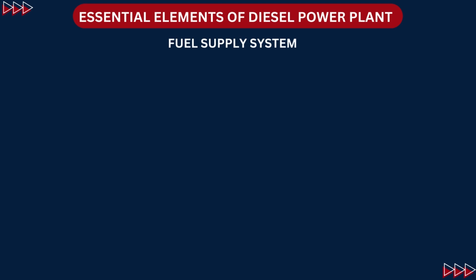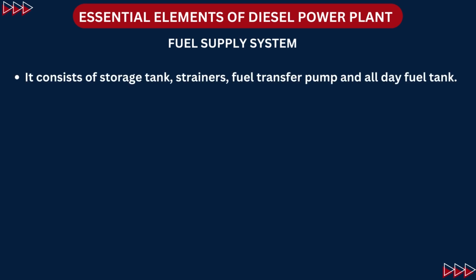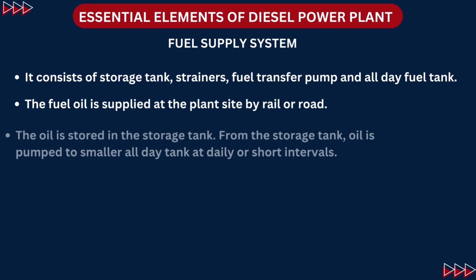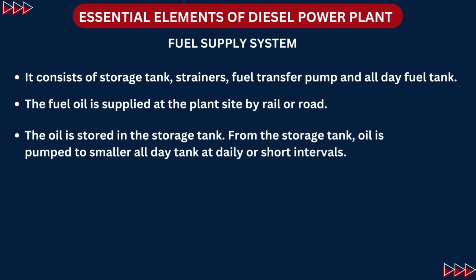So the first thing that comes to our mind is the fuel supply system, how we are going to supply the fuel. Generally, a power plant consists of a storage tank, then a strainer so that the fuel will be filtered, and a fuel transfer pump. The fuel oil is supplied at the plant site by rail or road transport, and then this oil is stored in the storage tank.